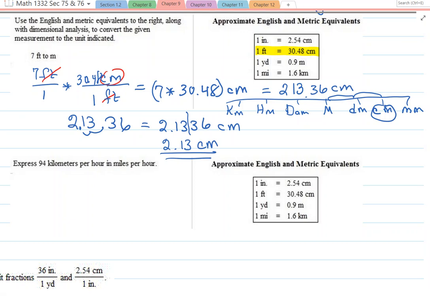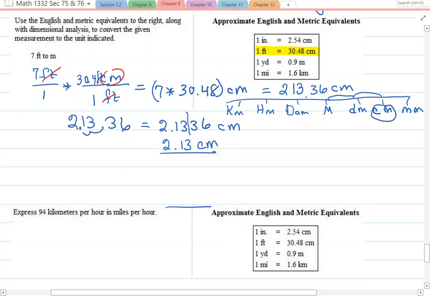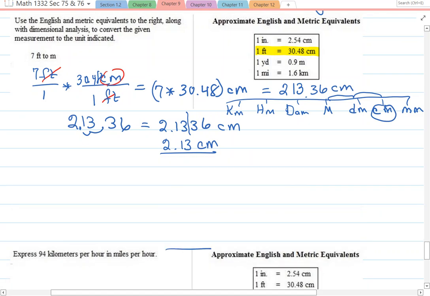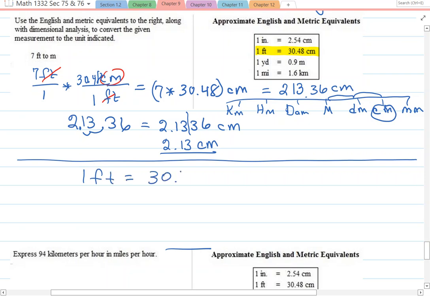Well, we said that there is another way to do it, right? Always many ways. So whichever one you choose. This is my approach. Now, supposing I evaluate 1 foot equals 30 and 48 hundredths centimeters, but I need meters.